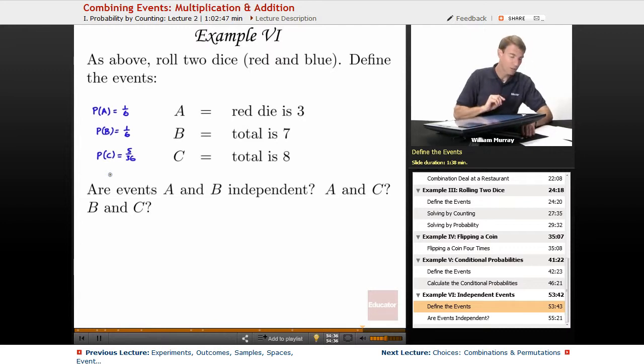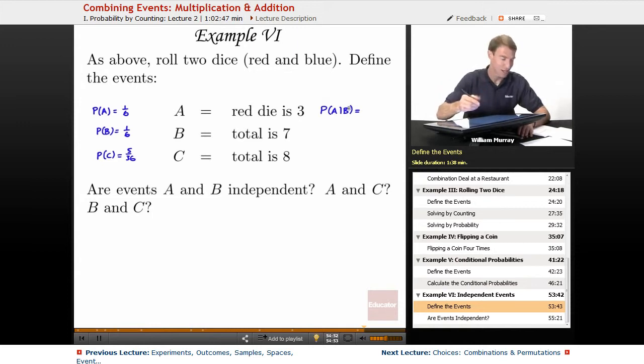And then we also calculated several conditional probabilities that are going to be useful here when we're determining independence. I'll just write down some of the useful ones here. The probability of A given B, which we calculated in example 5, turned out to be 1/6.